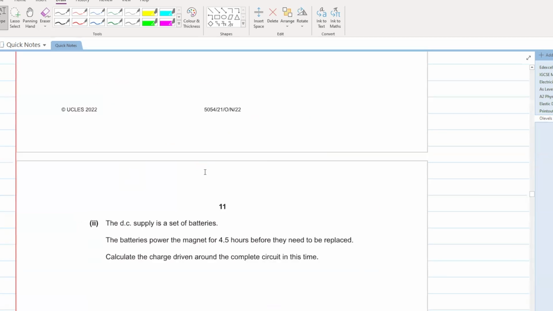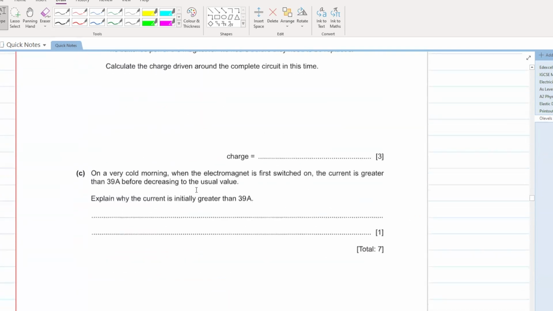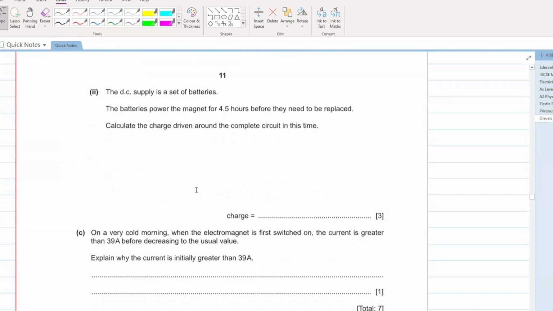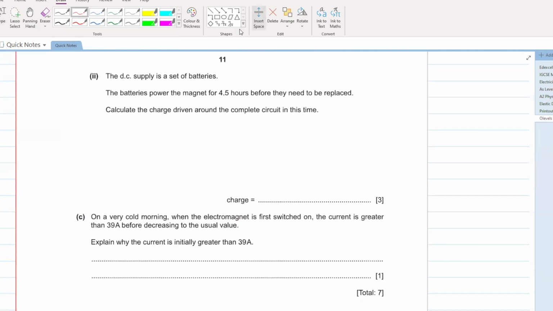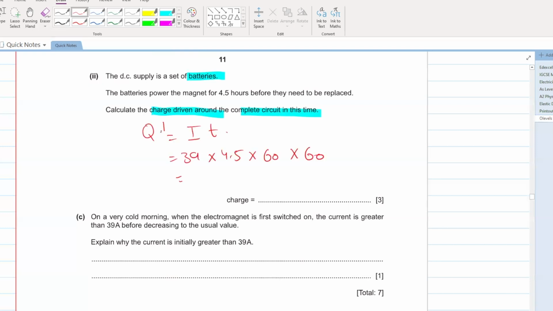One second. It wasn't showing on the screen. One second. We will apply this formula. There is some problem with one note, but here we have it. The charge comes out to be 631,800.